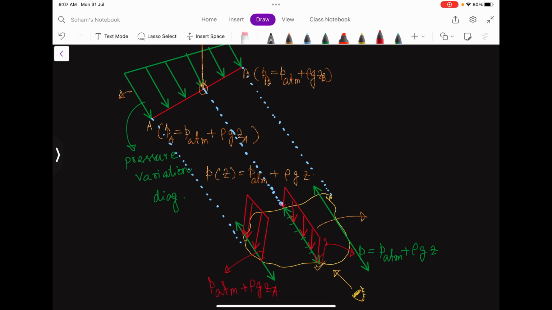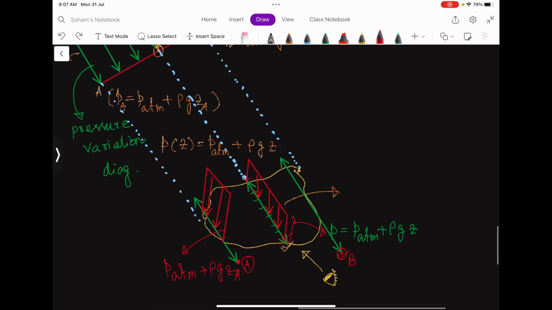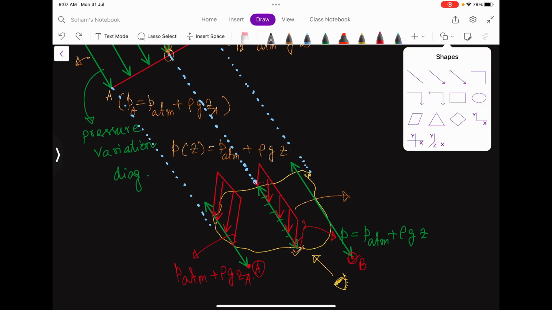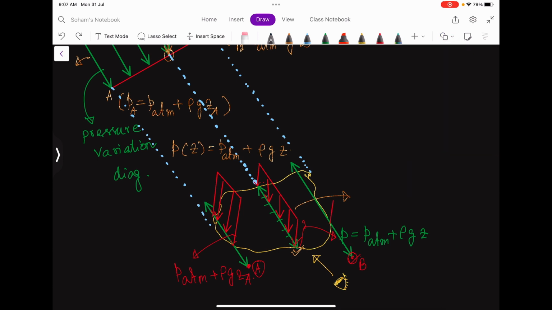Fine. Now this line corresponds to point A, and this line corresponds to point B. At this position also, if I draw a similar rectangle, I will have a comparatively smaller rectangle. This is the minimum length that I can draw.